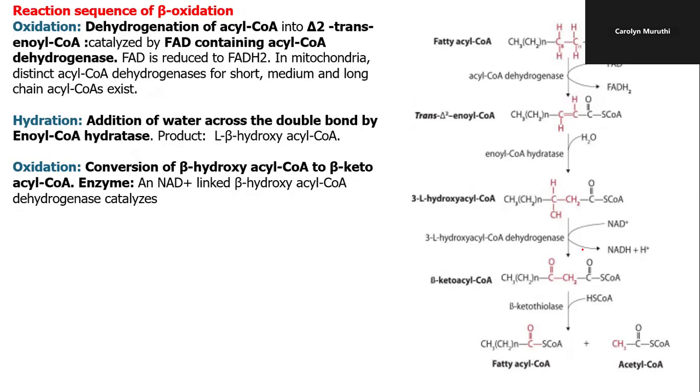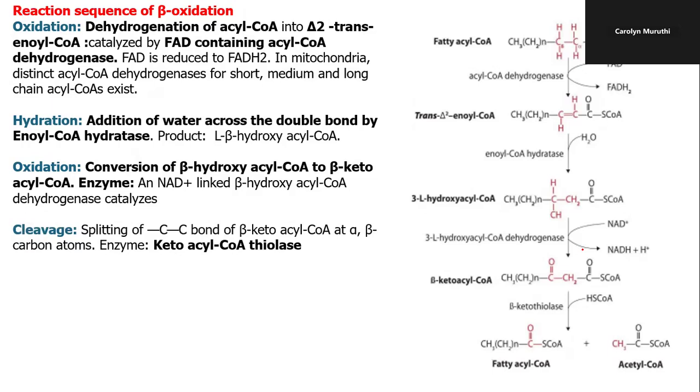The fourth and final step is a cleavage, where coenzyme A attacks the beta-ketoacyl-CoA, splitting off 1 acetyl-CoA and a fatty acyl-CoA which is shortened by 2 carbons, because the 2 carbons have been used to form acetyl-CoA.